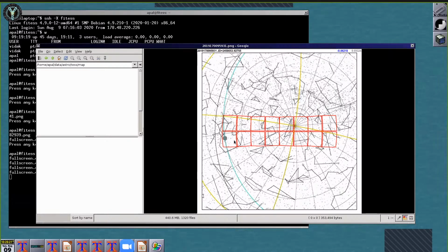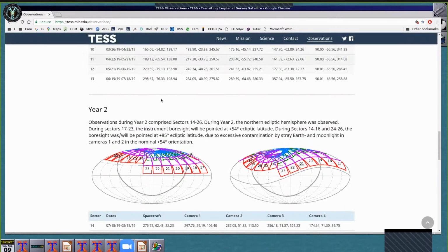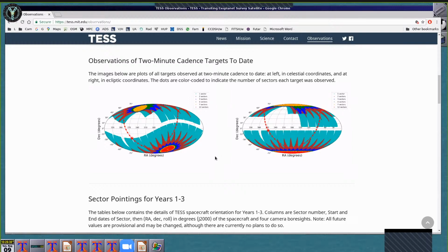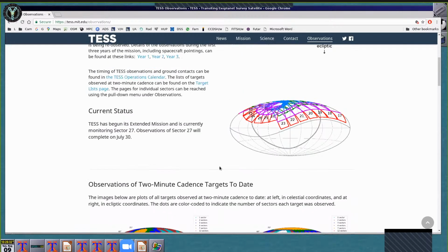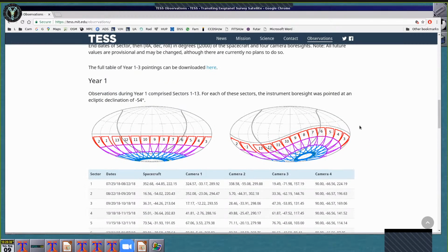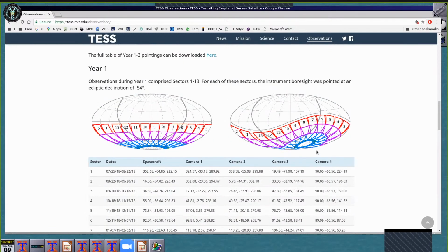So that is also an interesting thing, that people started to change the observing strategy of TESS a little bit, because this map here on the right shows the original plan for the first year of the primary mission, and the plan for the second year was roughly the same, just flipped into the northern hemisphere.